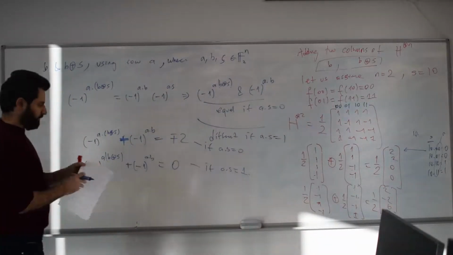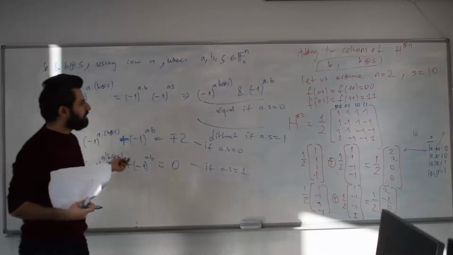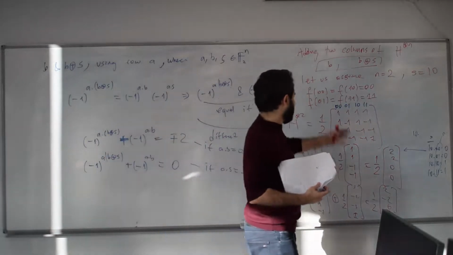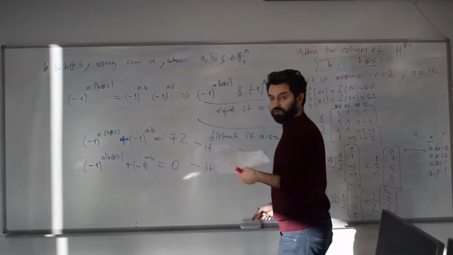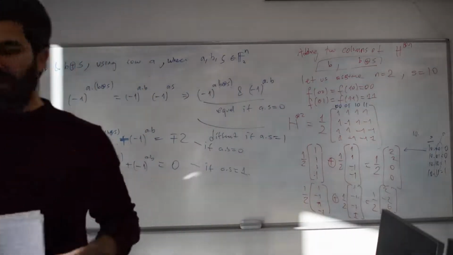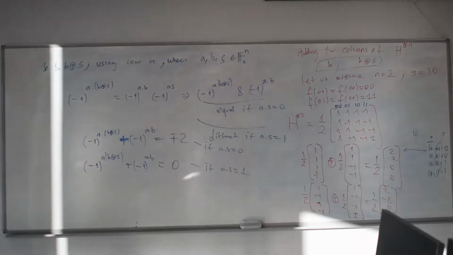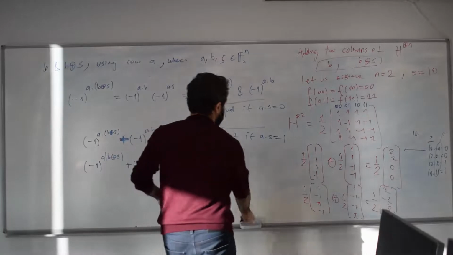Now, after having observed this phenomenon, I'm going to erase this, but particularly this one is important because this is for general n. Next I'm going to draw the circuit, Simon's algorithm.